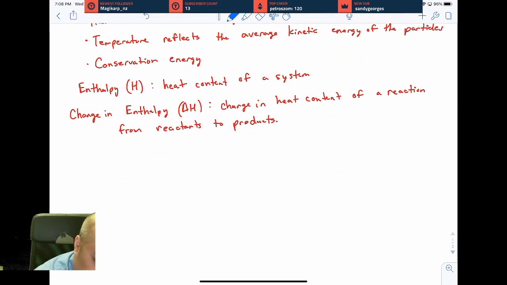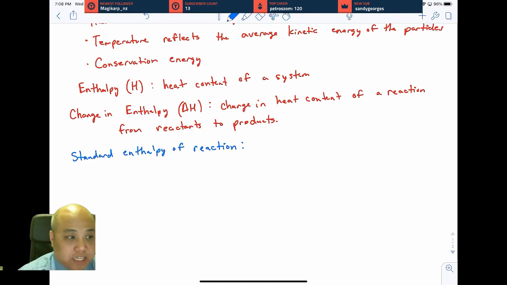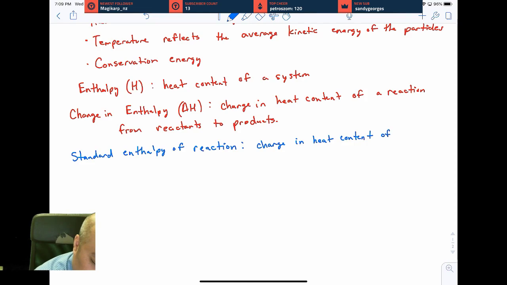Another term you want to be familiar with is the standard enthalpy of reaction. The standard enthalpy of reaction is the change in heat content of a reaction for 1 mole at standard conditions.